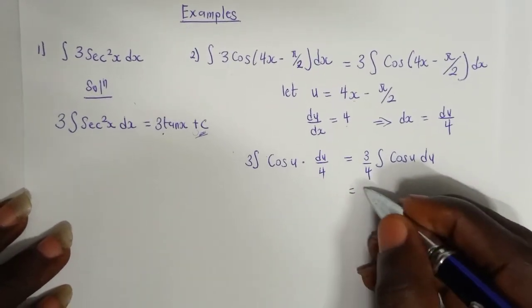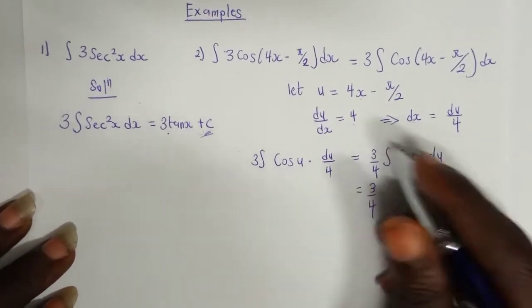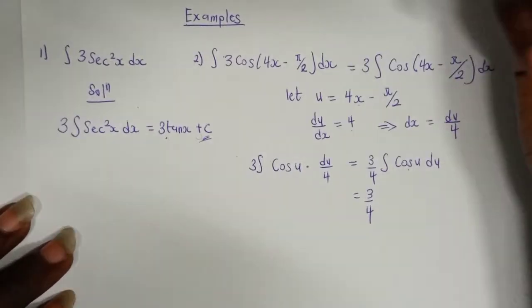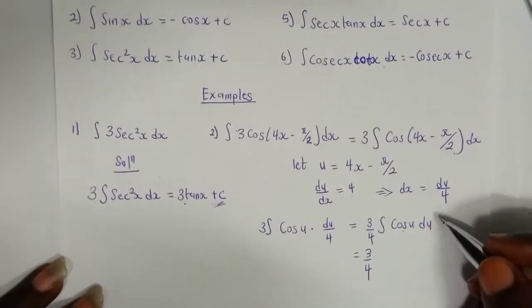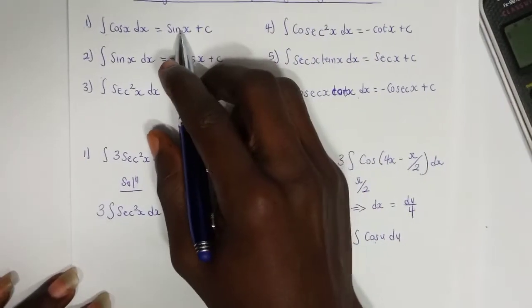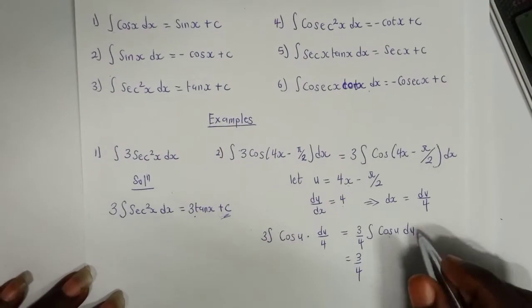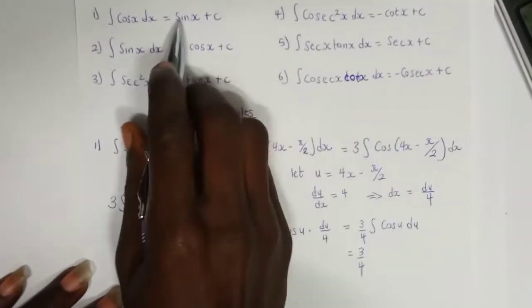So this we are going to get 3 out of 4 integral of cos u. When we integrate cos, we are going to get sine plus c. So the integral of cos u is sine u plus c.